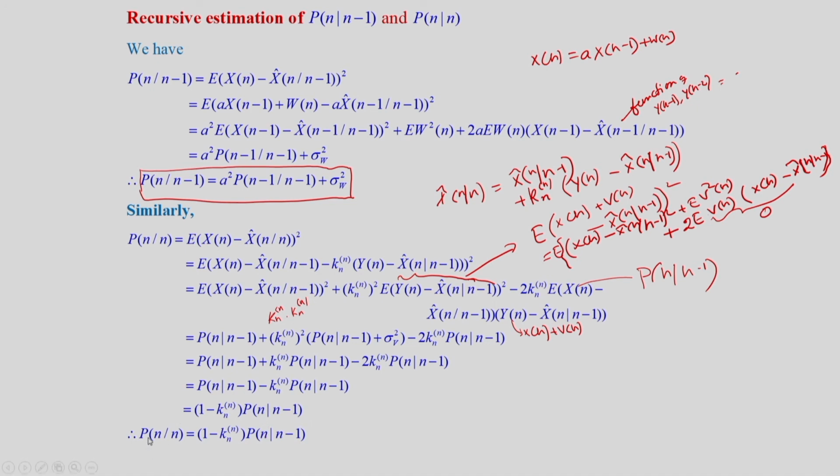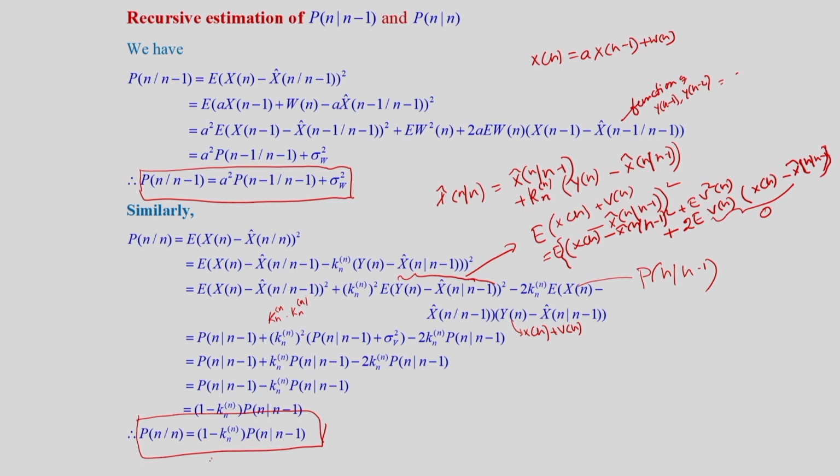Therefore, mean square estimation error can be expressed in terms of mean square prediction error by this relationship. That is, mean square estimation error is equal to 1 minus Kalman gain into mean square prediction error.